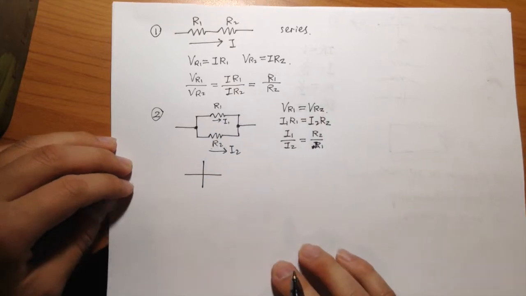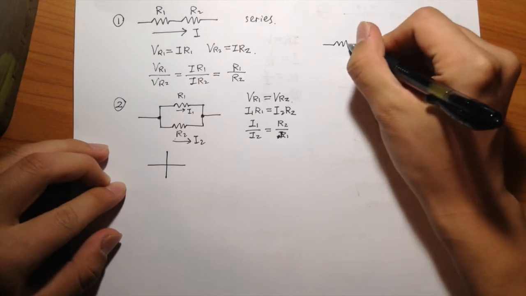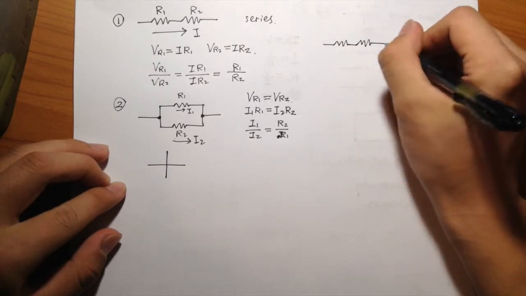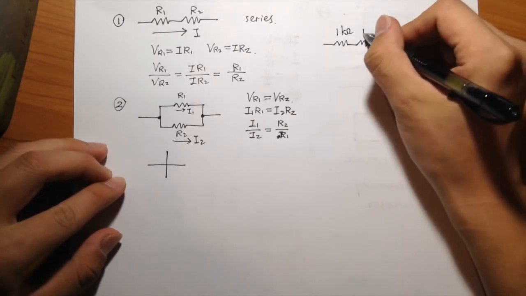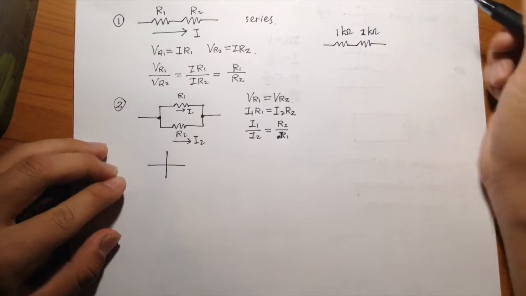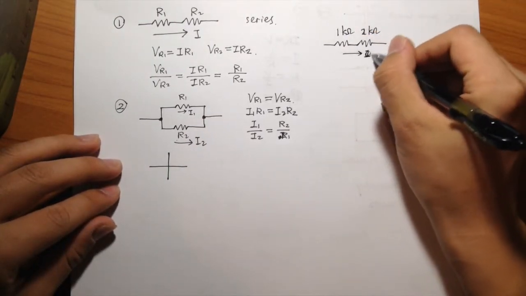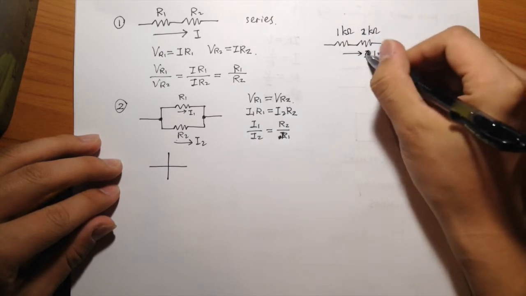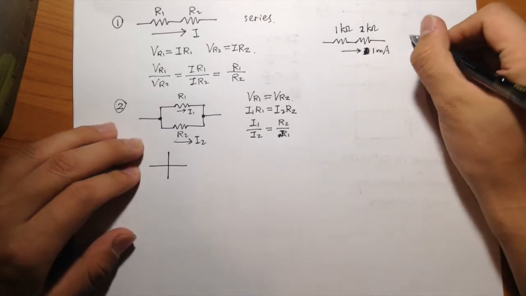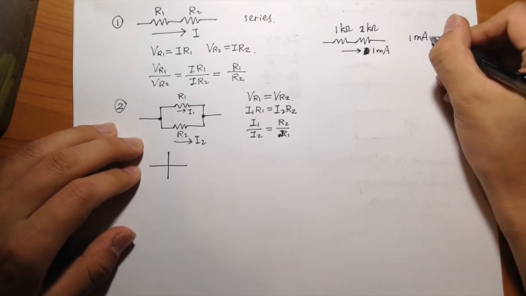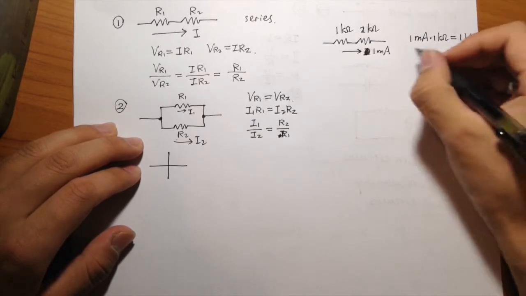So let's do an example. First, we have two resistors in series. Let's say this is 1k ohm, the other one is 2k ohm, and we have a total current of 1 milliamp. Then the voltage across this 1k ohm resistor would just be 1 milliamp times 1 kilo ohm equals 1 volt.